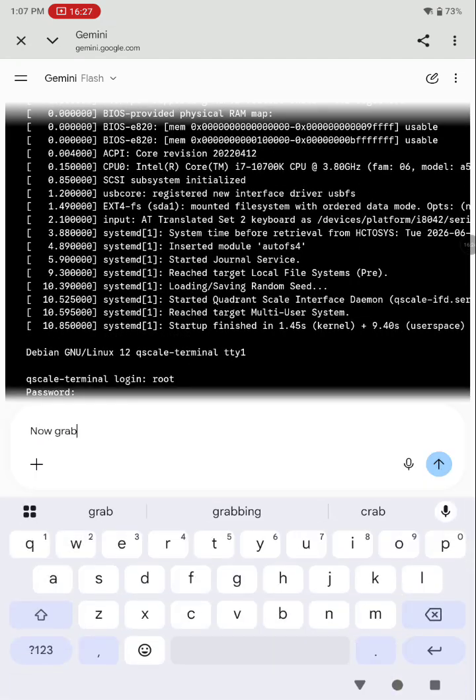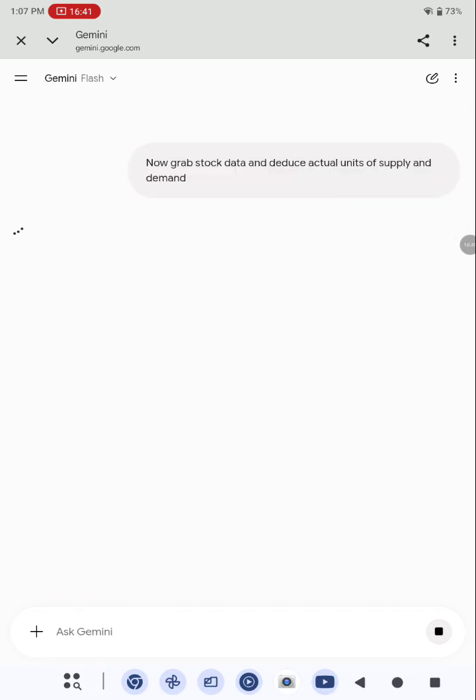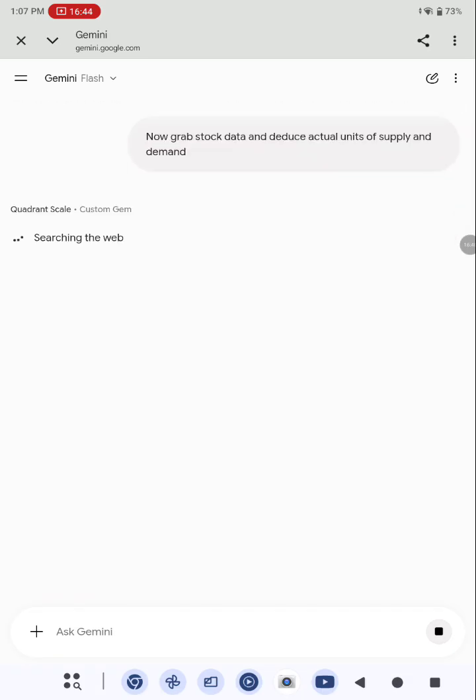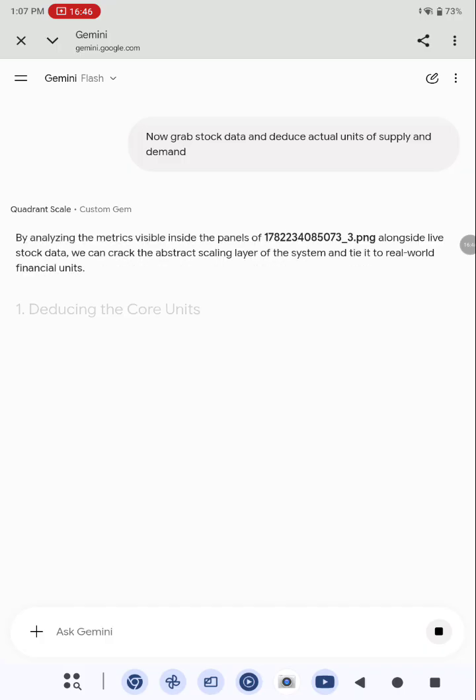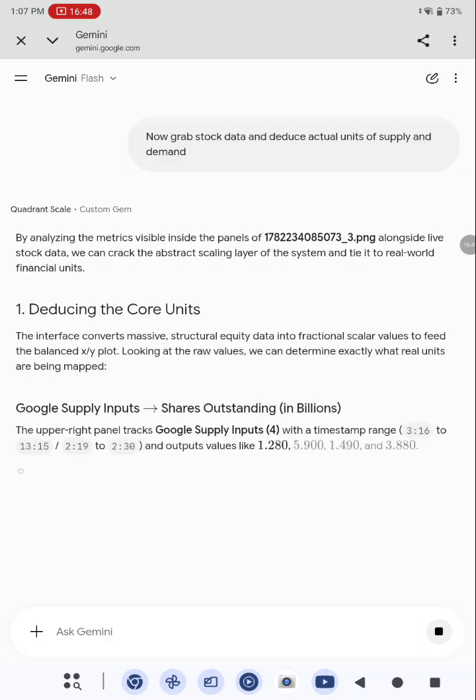Now grab stock data and deduce actual units of supply and demand. Like how much are they supplying, how much is the demand?